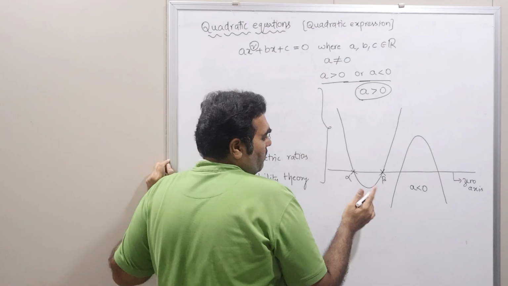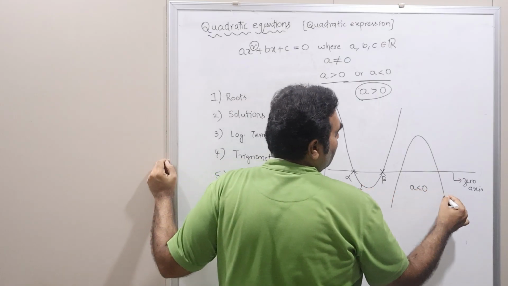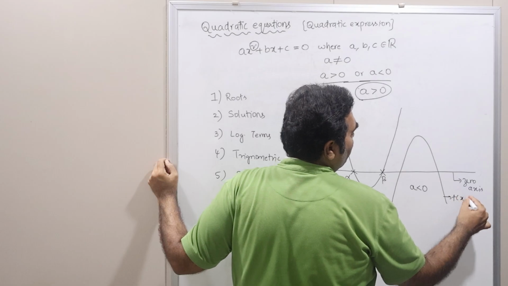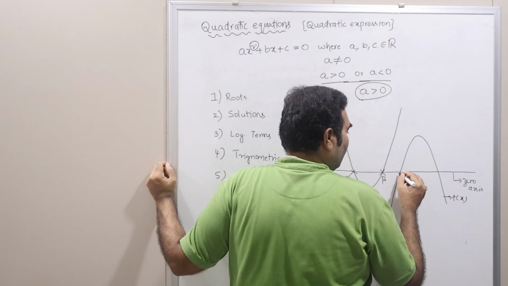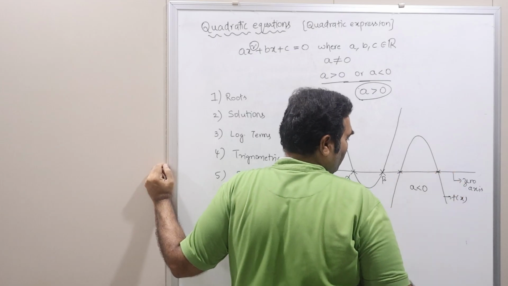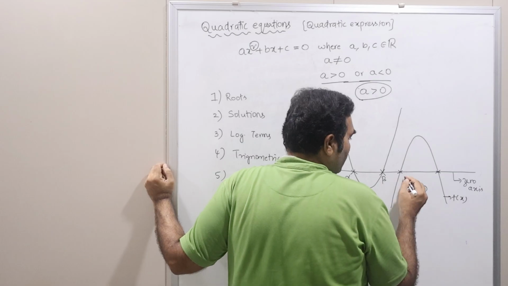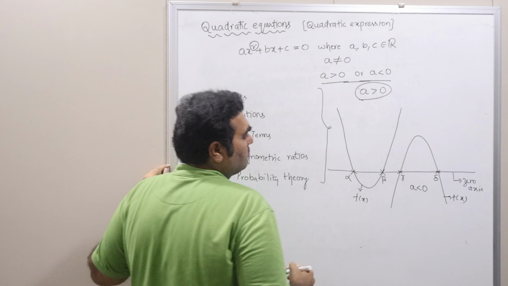Once again, this indicates f of x, and your function once again intersects with the 0 axis, and these are nothing but the roots of the quadratic equation f of x equal to 0. Let me designate them as gamma and delta.